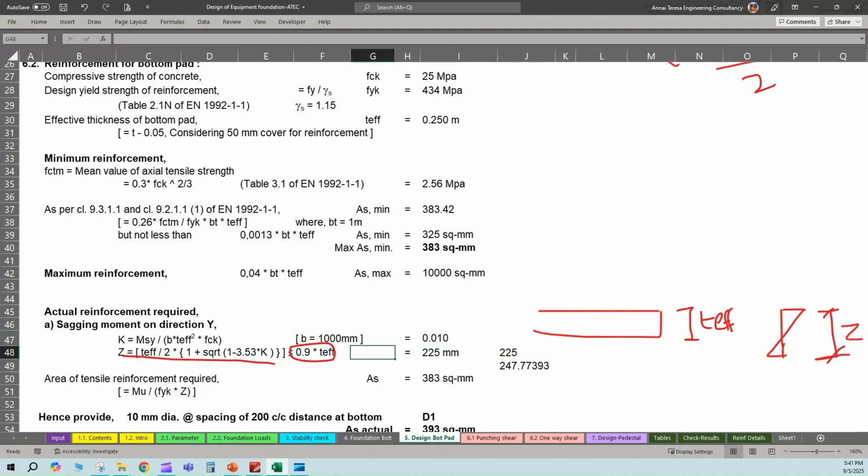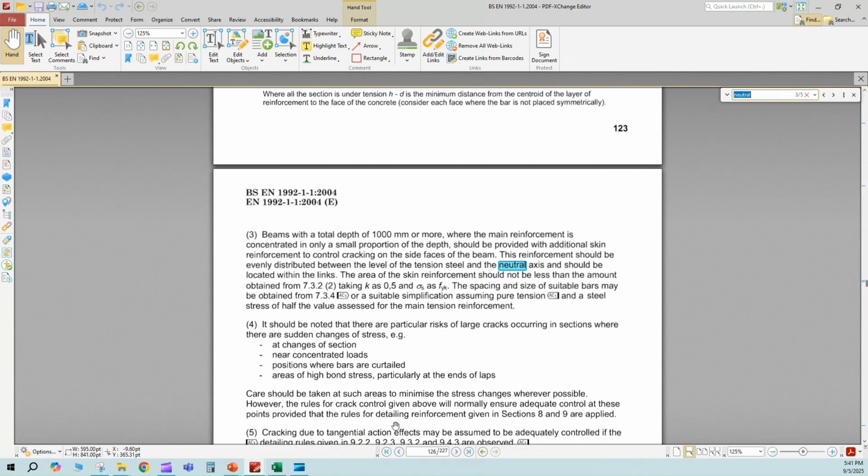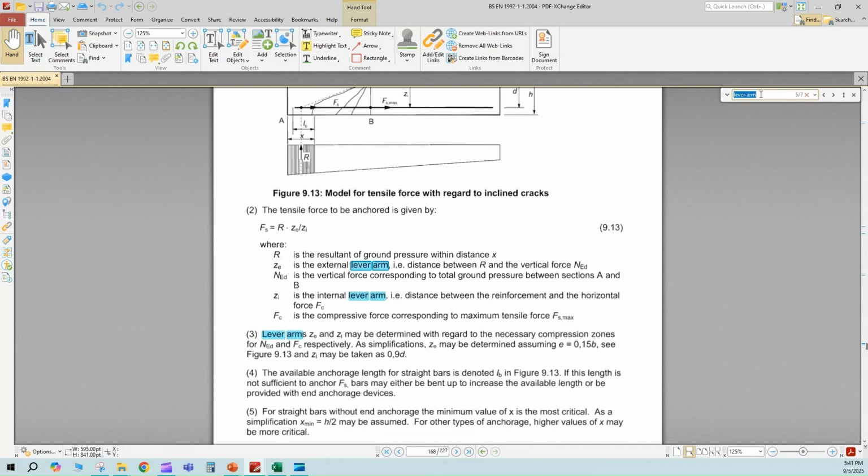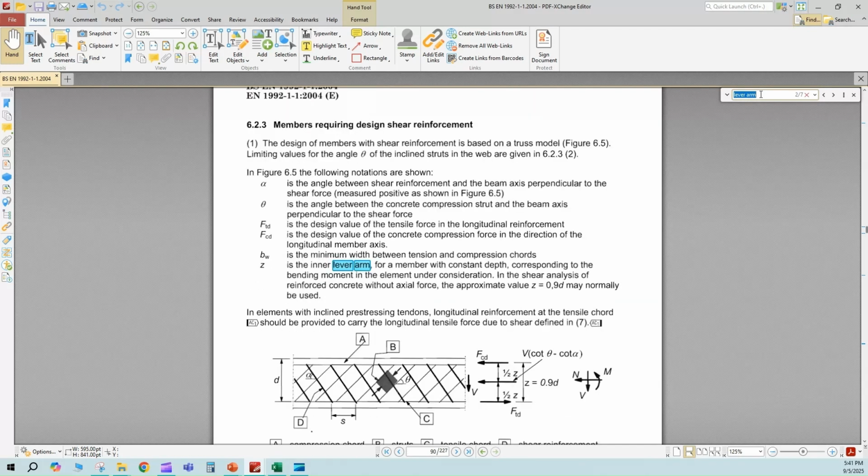In order to find the effective lever arm distance, we need to check what the European code says about what lever arm distance should be considered. Here you can see that for members requiring design shear reinforcement, in clause 6.2.3, it is mentioned that the lever arm in no case should exceed 0.9 d. d is the effective depth of the member.